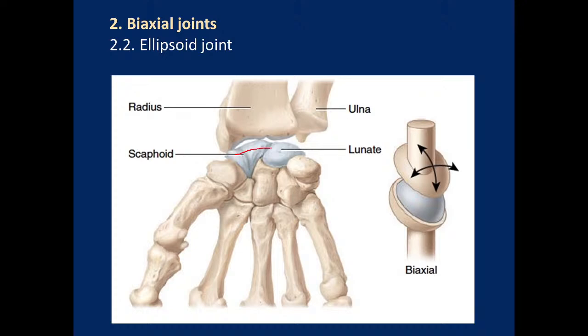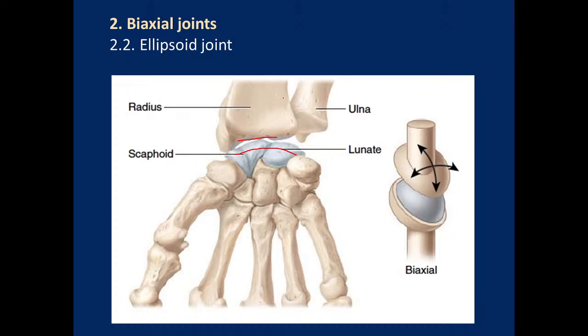Here is the convex oval-shaped projection, and here is the oval-shaped depression. The ellipsoid joint is biaxial because the movement it permits is around two axes.